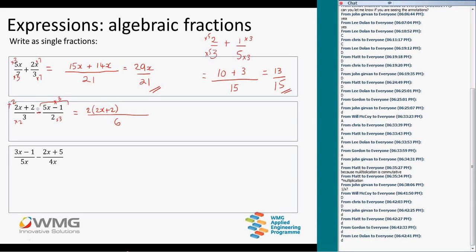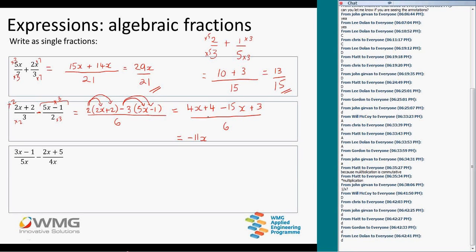Expanding, as we learned: 2 times 2x and 2 times 2, so that's 4x plus 4, then minus 3 times minus 1x, so minus 3x plus 3. Collecting like terms, 4x minus 3x is x, and 4 plus 3 is 7, and that's all over 6.